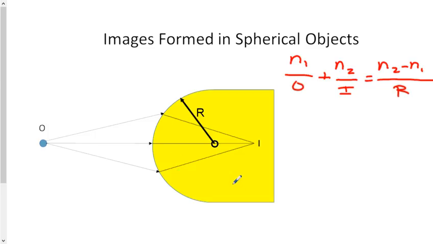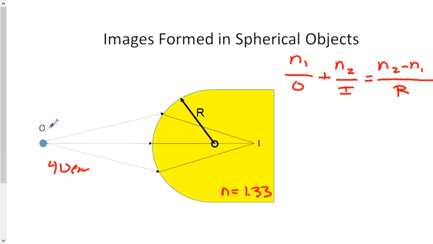And let's say this is an object that has water in it, so n inside here is going to equal 1.33. And let's say we start off with an object distance of 40 centimeters. And we're trying to figure out where this image is actually going to be made.